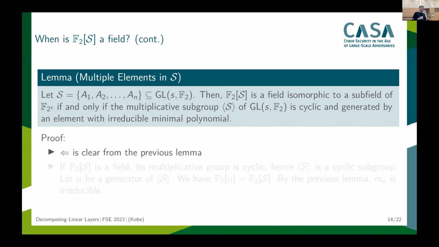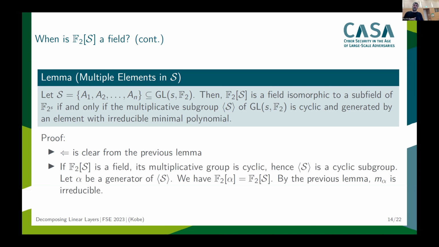So this direction is clear, and the other direction is not a lot more complicated. If you have a field, then the multiplicative group is cyclic, and you take a generator, and this matrix is going to generate this subring, and by the previous lemma, this minimal polynomial of alpha has to be irreducible. So this is not too hard to see.